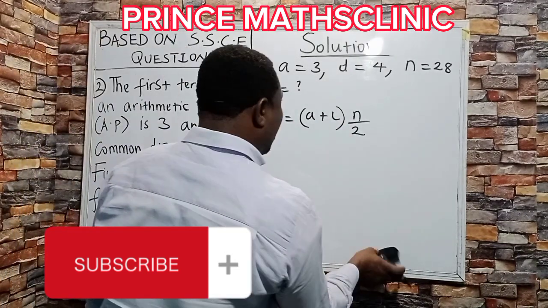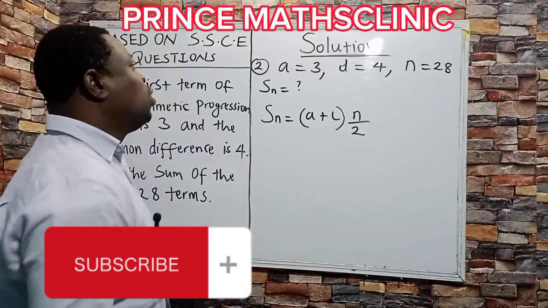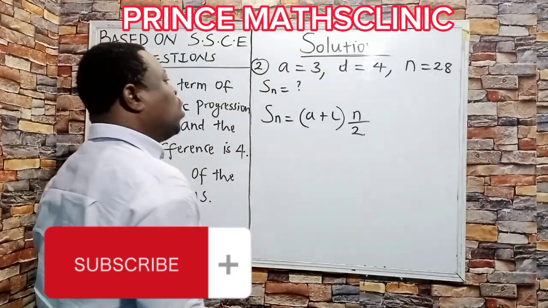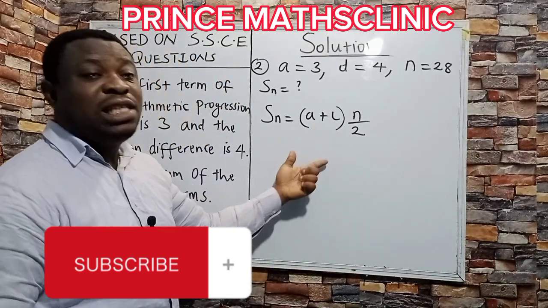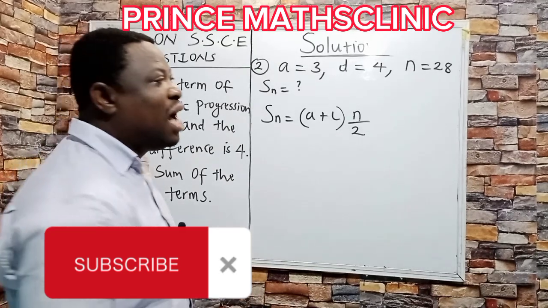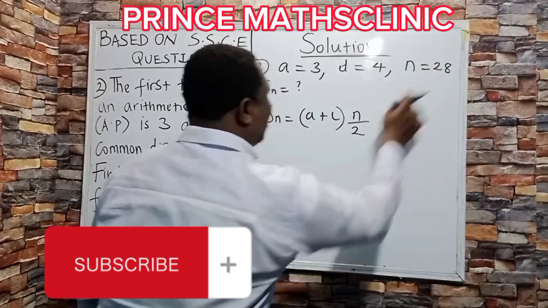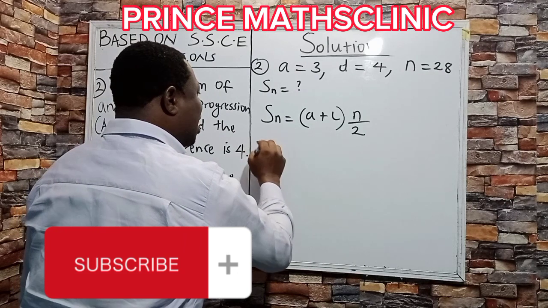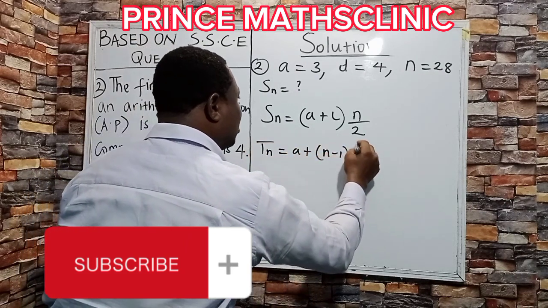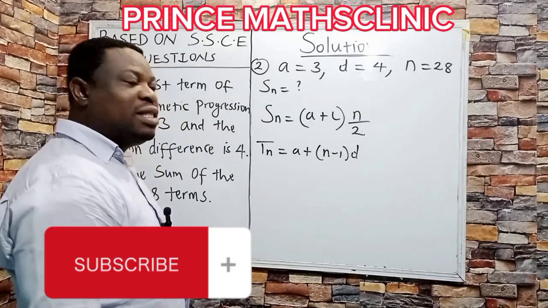Then the second formula, which we are going to use, since we don't know the last term, we only know the first term. If you want to apply the first formula, you need to first of all look for the last term, and that last term is the 28th term. So you use your normal formula that says that the nth term is A plus n minus 1, close the bracket, then d.